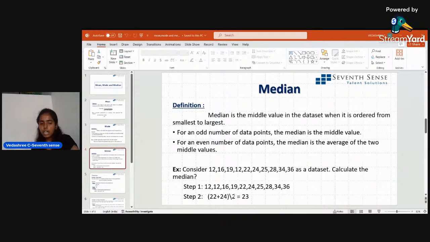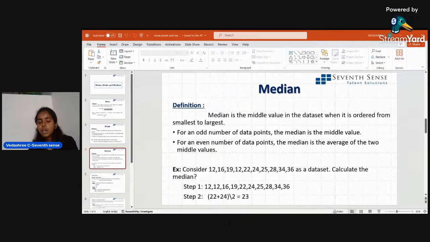For an odd number of data points, the median will be the middle number. For an even number of data points, the median will be the average of the middle two values, the sum of the middle two values divided by 2, which is equal to 23 for this example.